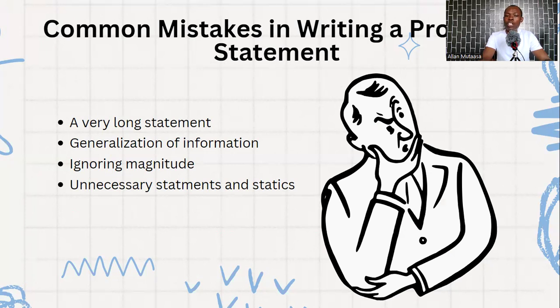Sometimes people tend to ignore the magnitude. Magnitude is very important because if you don't put the magnitude in your research and you're defending your research, they're going to ask you, why did you choose that study area, for instance? If you have chosen a company, they are going to ask you, why did you choose that company? The only reason you chose that company is because you had a certain way of knowing that there is a problem that exists.